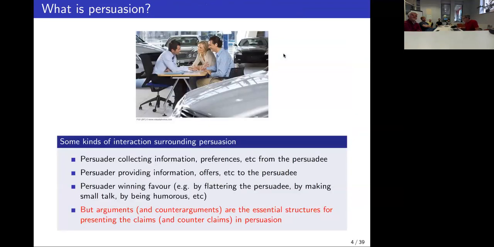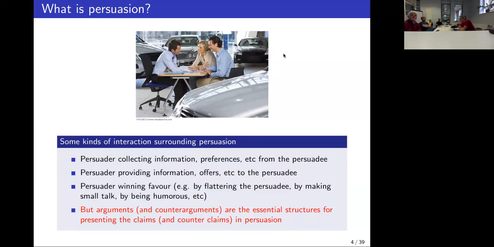So my idea was to look at this from the point of view of persuasion and draw on argumentation. Persuasion is something we're all very familiar with. It's something we do constantly throughout the day. Here's a picture of a happy couple in a car showroom being persuaded to buy a car.